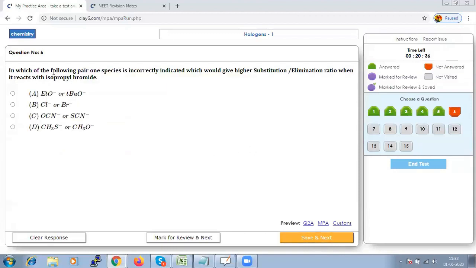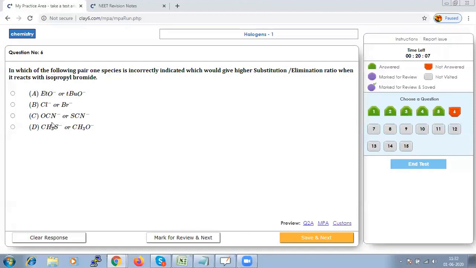In which of the following pairs is one species incorrectly indicated, as to which would give a higher substitution to elimination ratio when it is reacting with the base? So when it is reacting, once again the same fact: the greater the basicity, the higher will be the elimination, and the greater their nucleophilicity, the higher will be the substitution.